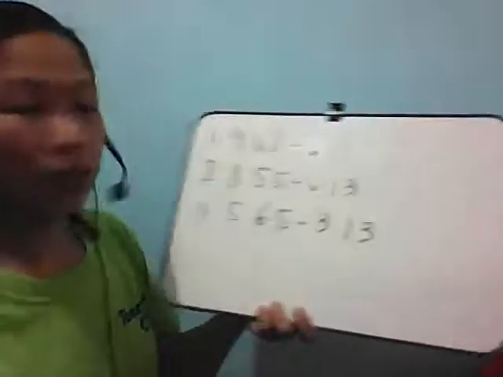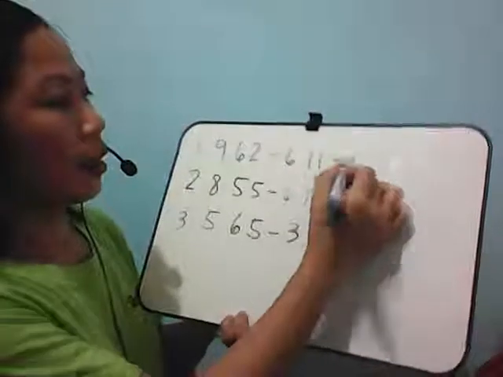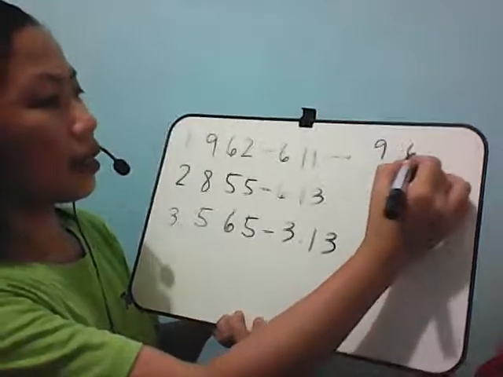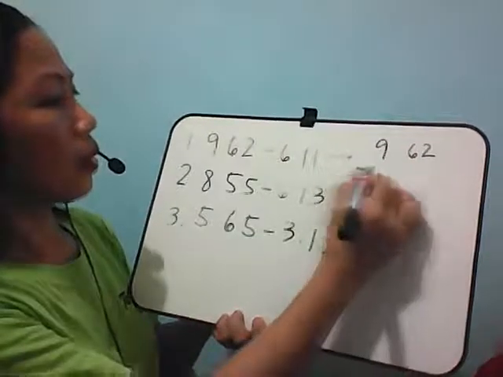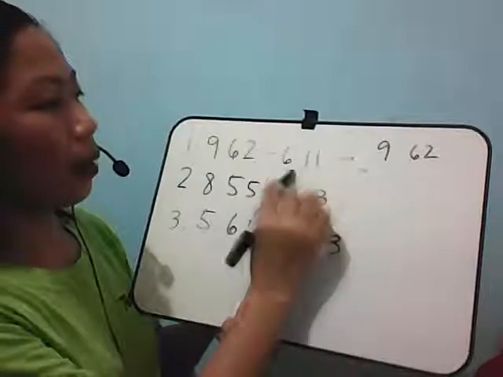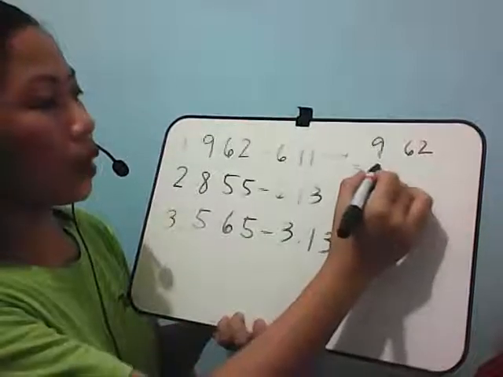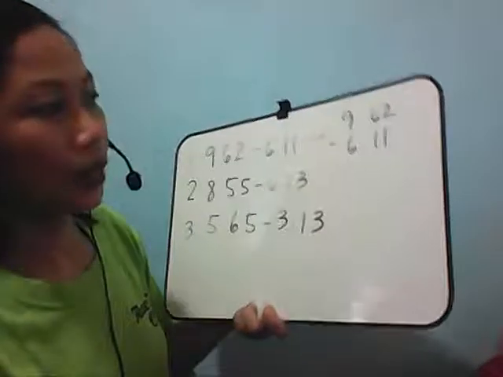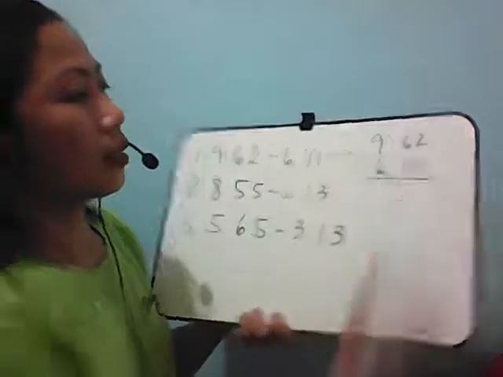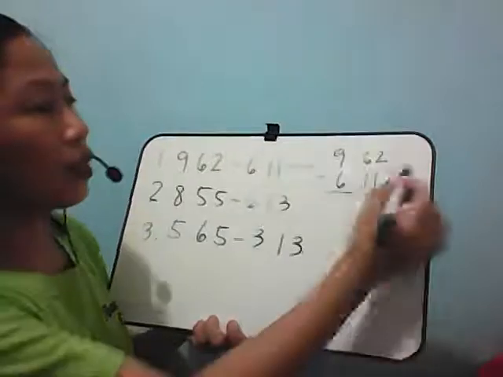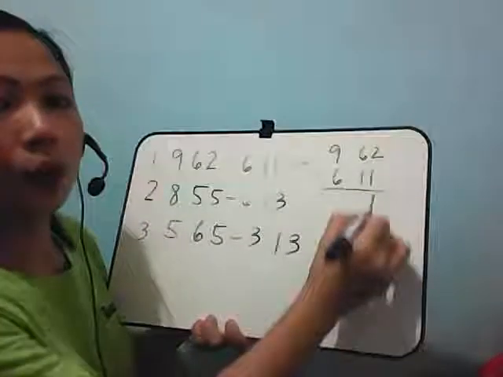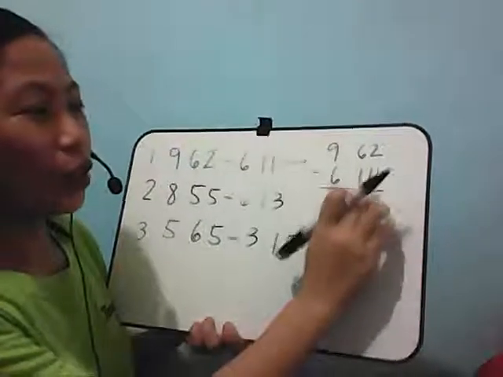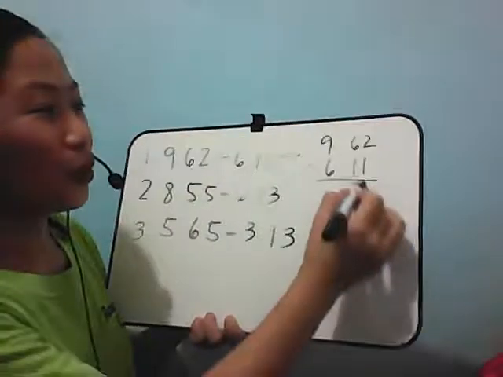Okay, so let's solve this. Arrange 9 and 62 hundredths minus 6.11, or we can read that as 6 and 11 hundredths. So let's go. 6 minus 1 is equals to 5. 2 minus 1 is equals to 1.